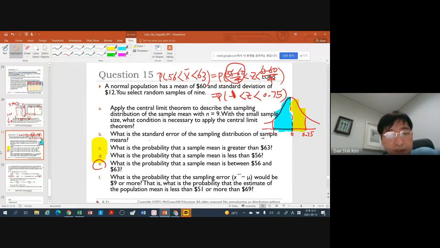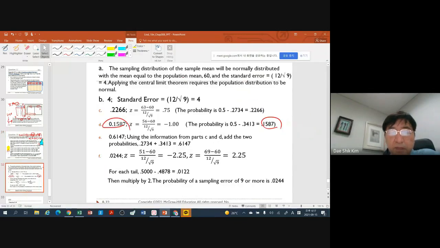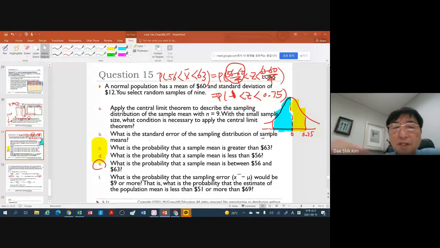From the table for 63, you look at part C, which was 0.2734. This area, 0.2734.